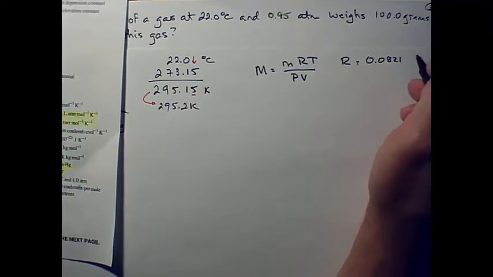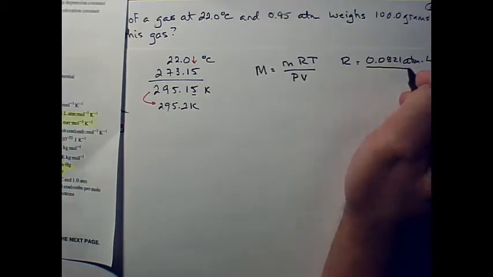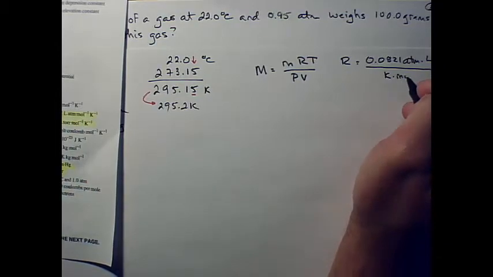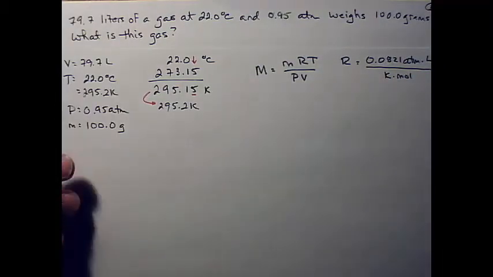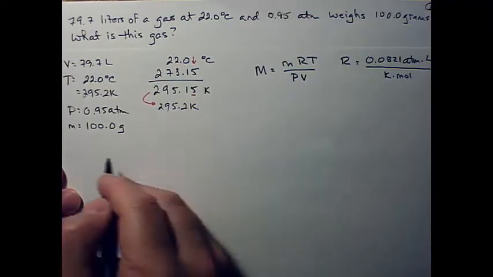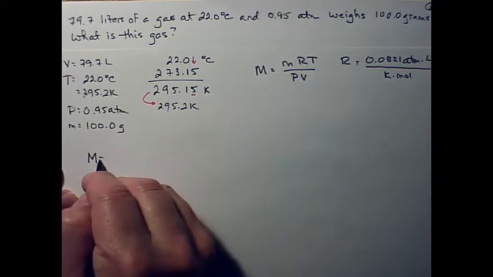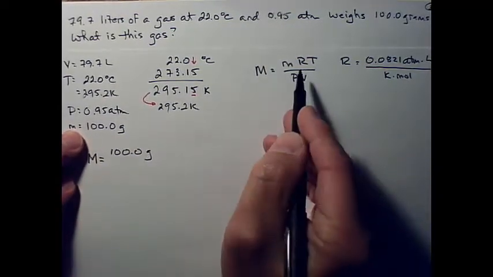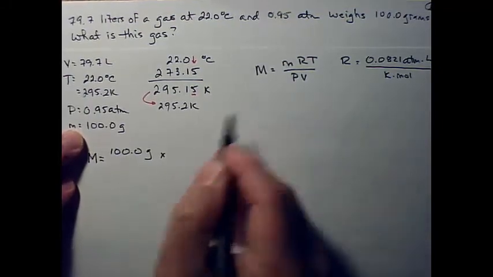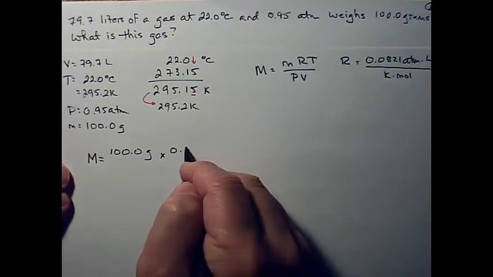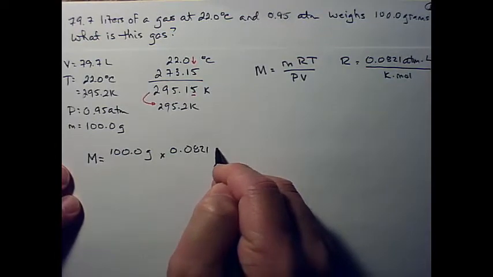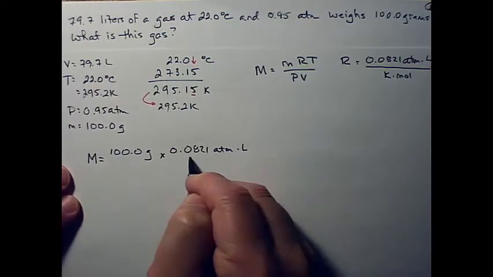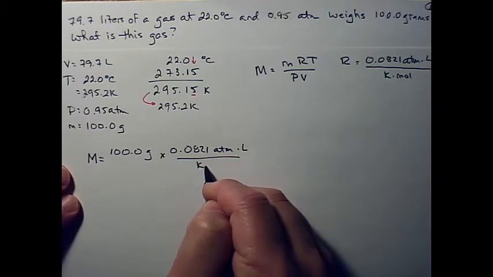0.0821 atmospheres times liters, over Kelvin times mole. Okay? So we have everything we need to plug in here. So molar mass, M, is equal to the mass, 100 grams, times R, 0.0821 atmospheres times liters over Kelvin times moles.